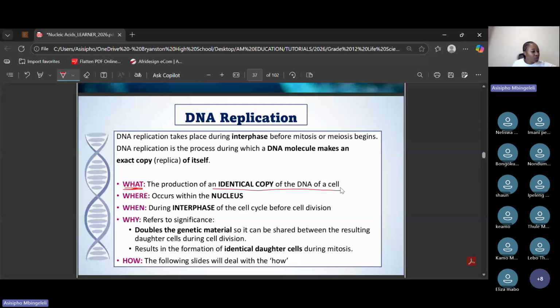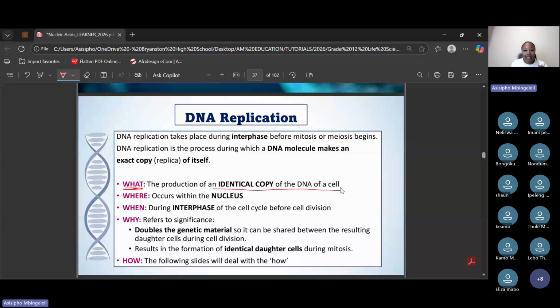Now with DNA, it's not about DNA going under a machine. We're going to show you how exactly DNA is able to make an exact copy of itself, so you can end up having the original DNA and another DNA in the same cell. That's what the process is.